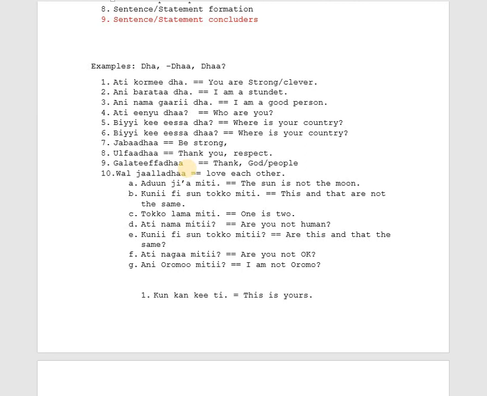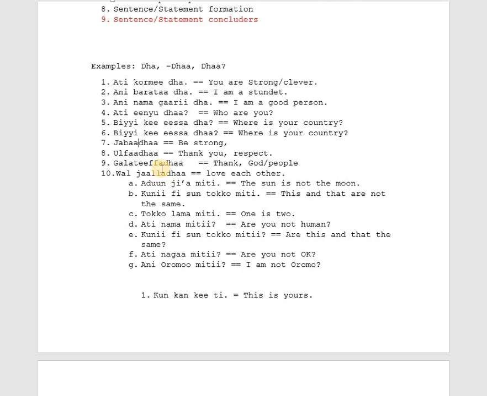And most Oromo words have this structure with -da: Jabada, Ulfada, Galatefada, Waljalada, Nyada, Ergada, Damada, Ilalada, lots.